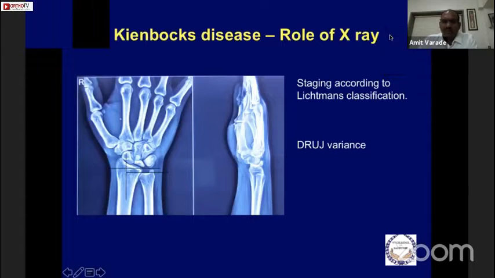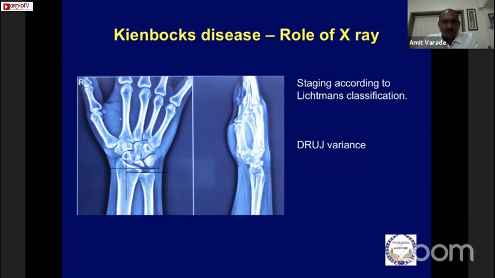X-ray is a very important tool for this condition, particularly for diagnosis and staging of the condition. Second, we have to see the ulnar variance, whether there is a neutral, negative, or positive ulnar variance, because our treatment depends on all these things.